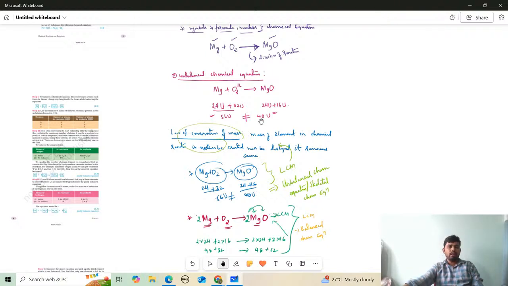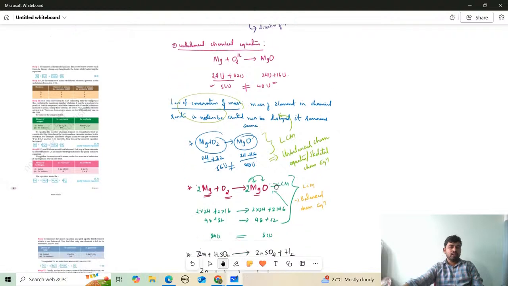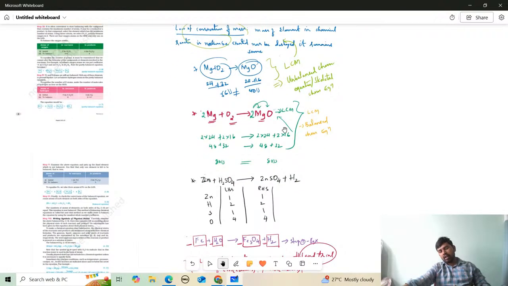The mass of the reactants is not equal to the mass of the products, or the number of atoms on the reactant side is not the same as on the product side. The other kind is the balanced chemical equation, which obeys the law of conservation of mass.